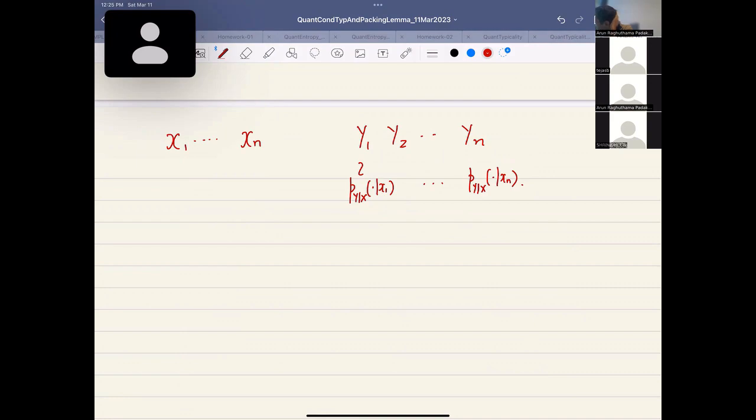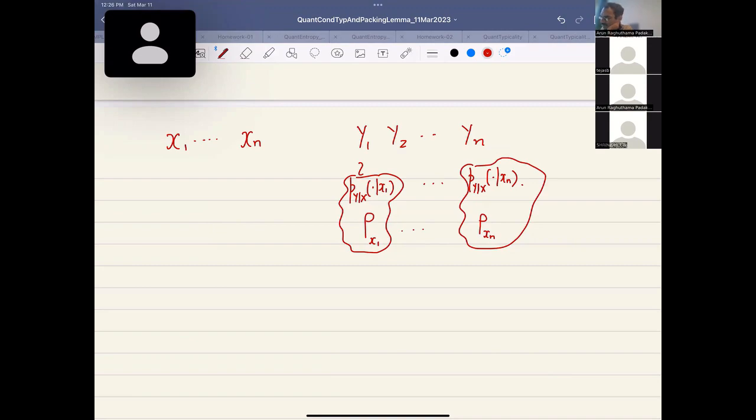Like the analog of the y is the e's, right? The e which you wrote, e of y given x. No, the analog of the y's is the rho x1s. Rho x1 is the distribution, correct? Rho x1 is, in some sense, the analog of this, because the density operator usually corresponds to a distribution.